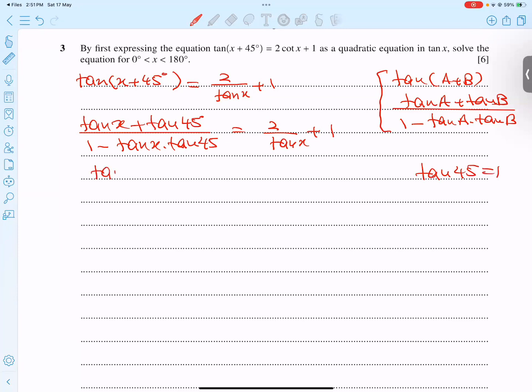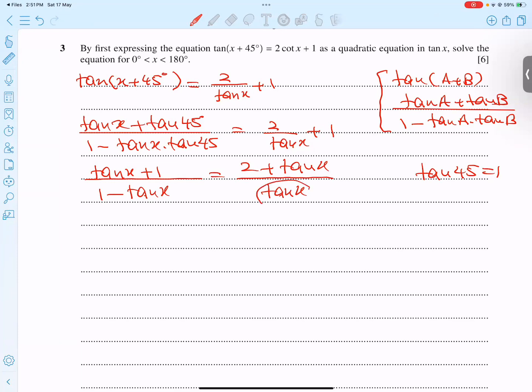So I'm getting here tan x plus 1, and this 1 into tan x remains tan x. And here I will take the LCM, tan x, this is compulsory, 2 plus tan x. Otherwise, you cannot do cross multiply until you have a single fraction on both sides.